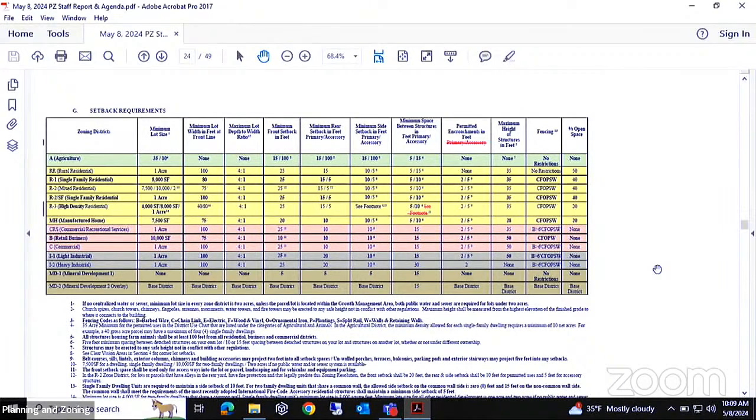But under permitted encroachments, we don't need to identify primary and accessory. That just doesn't apply, especially since there's a footnote on all of them telling what are allowed permitted encroachments.